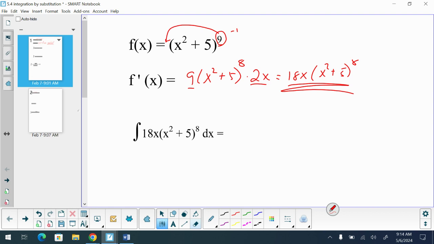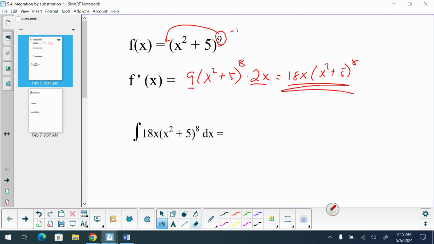Well, as I referred to, everything in mathematics we need to be able to undo. We have to be able to undo that derivative to go back to where we originally were. So to undo the derivative, we take the antiderivative of 18x times (x squared plus 5) to the 8th power dx.